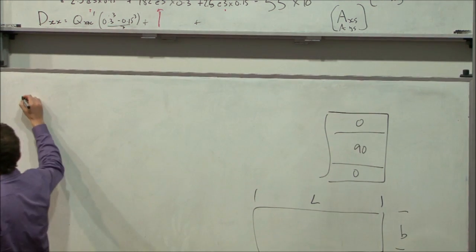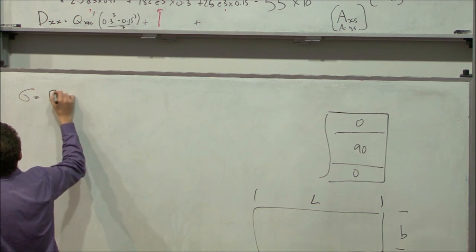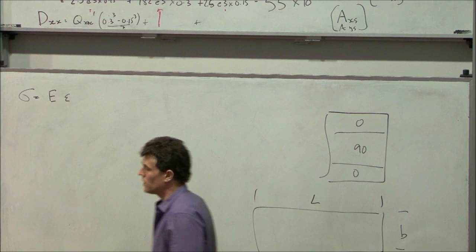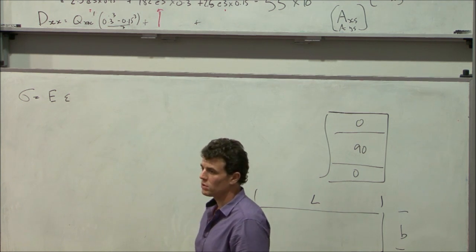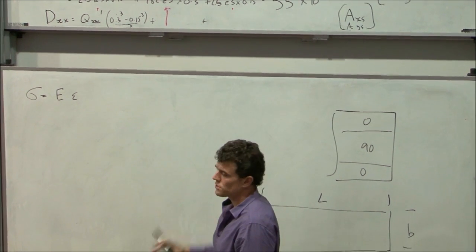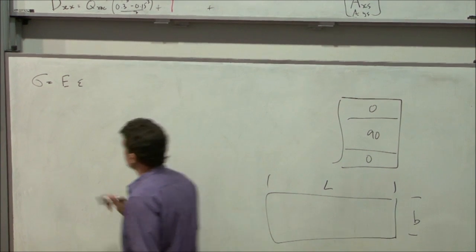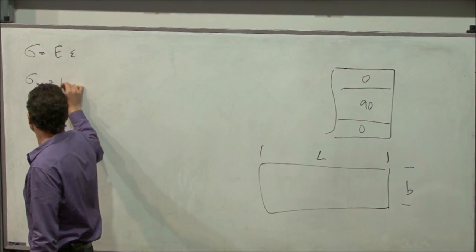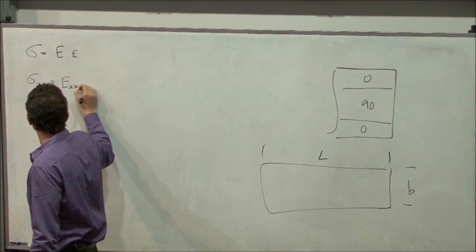Okay, remember if this was a bar of metal, we would say that stress is equal to E times strain, and we can make an analogy to that for composites.